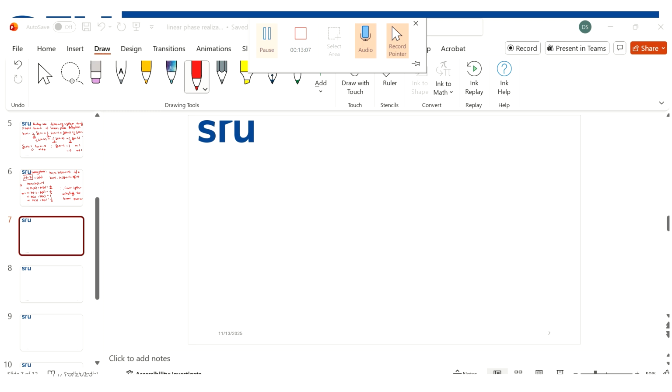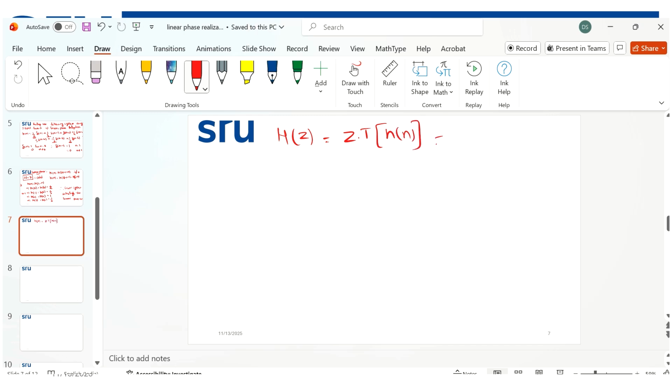Now, we have H of z, the z transformation of h of n, is equal to the summation of n equal to 0 to N minus 1 of h of n into z power minus n, and we know N is equal to 7. Therefore, H of z is equal to the summation of n equal to 0 to 7 minus 1, that is 6, of h of n into z power minus n.